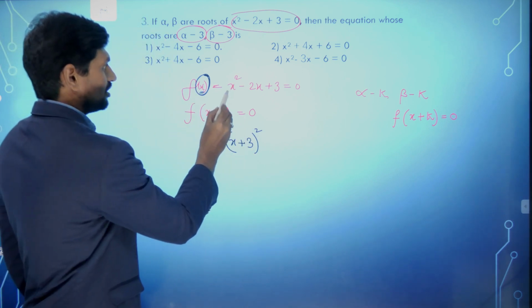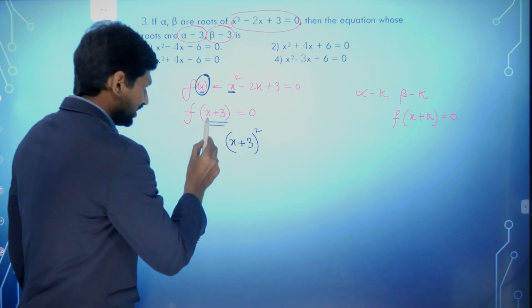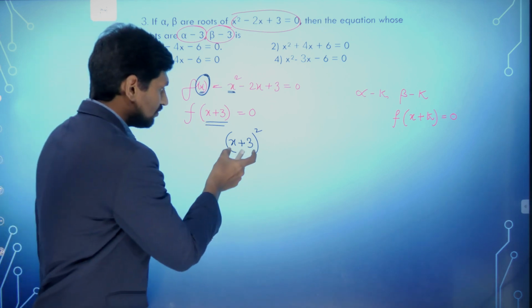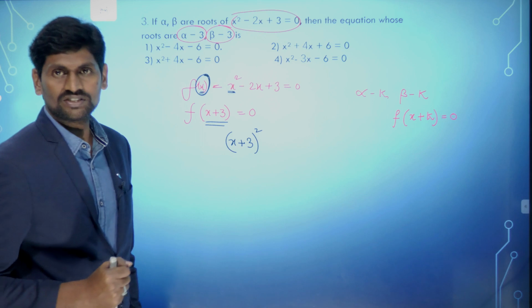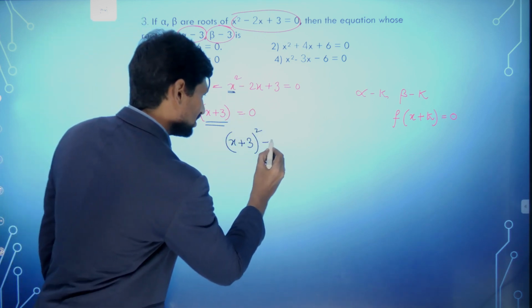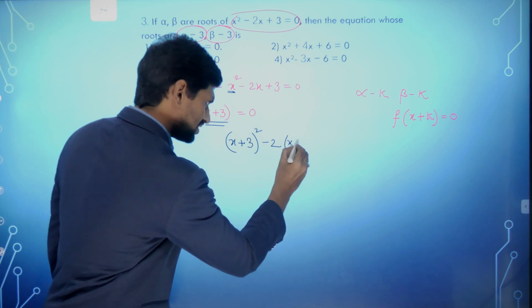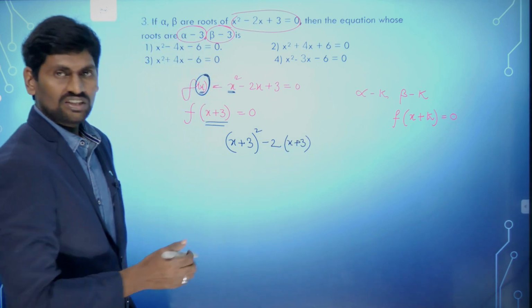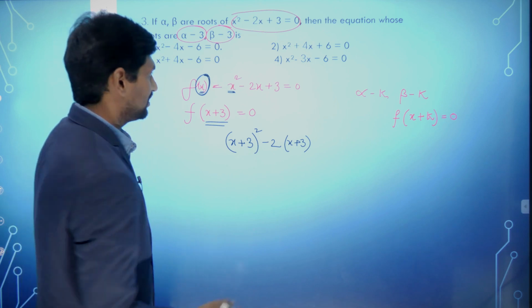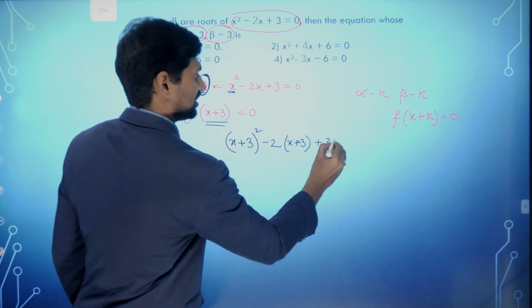Only x, that's why we got x square, but here in the place of x we have to substitute x plus 3 whole square. Now minus 2x. In the place of x we should write x plus 3. 2x means 2 into x, here also 2 into x plus 3, plus 3 is equal to 0.